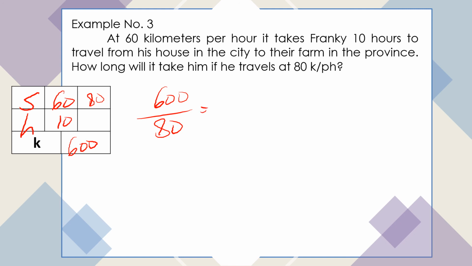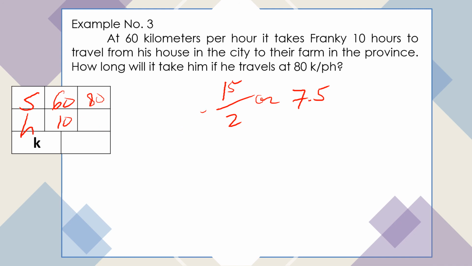That would be, cancel natin yung 0. 60 divide 8 is, divide natin sa 4, 15 over 2 or 7.5. Ibig sabihin, ito na yung sagot, 7.5 hours. Ulit, 60 times 10 is 600. 600 divide 80 is 7.5. Ayan.